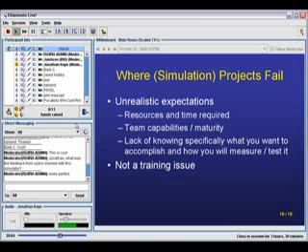Typically, a lot of the problems surface not in the first simulation project, but in the second or third, when you've passed the first one and you feel somewhat invincible. But most importantly, it really is this item here. I don't mean to beat it to death, but it's lack of knowing specifically what you want to accomplish and how you're going to measure it.